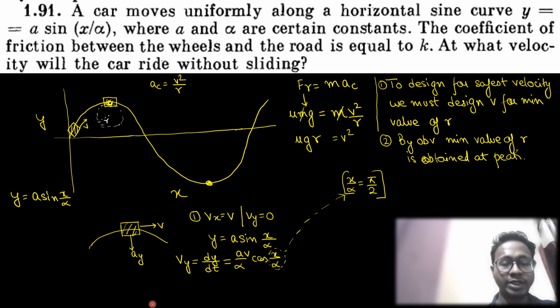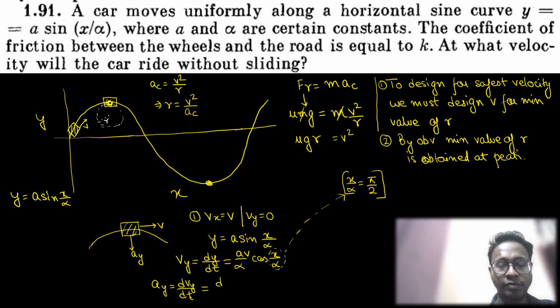Now I need to find out the centripetal acceleration. Why centripetal acceleration? Because I need to find out the radius of curvature. Radius of curvature is equal to v square by centripetal acceleration. Centripetal acceleration here is nothing but the y component of acceleration. So can I say ay is equal to dvy by dt, which is equal to, I have to differentiate this entire term with respect to t.